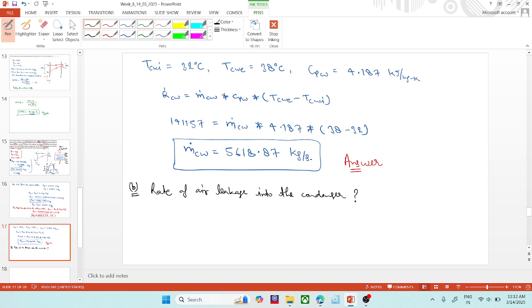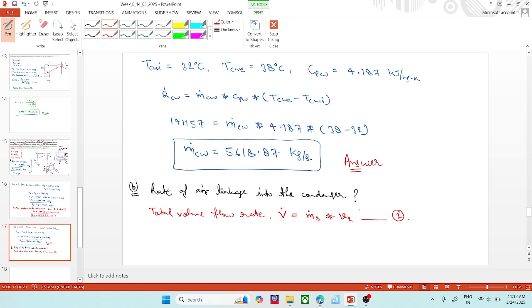The total volume flow rate V dot would be the mass flow rate of the steam into the specific volume at point 2. This would be my equation number 1, let's suppose.